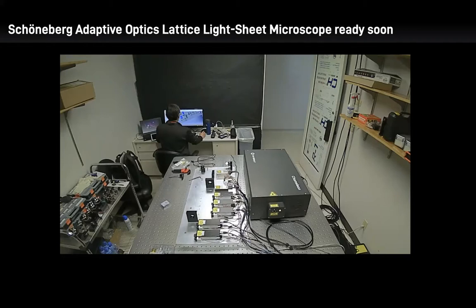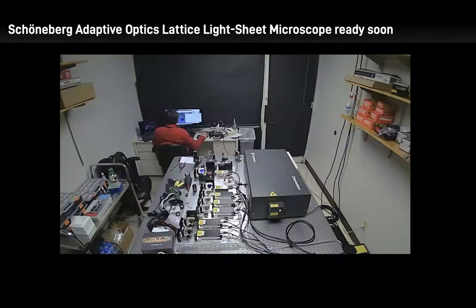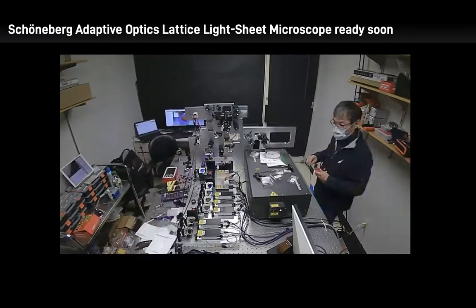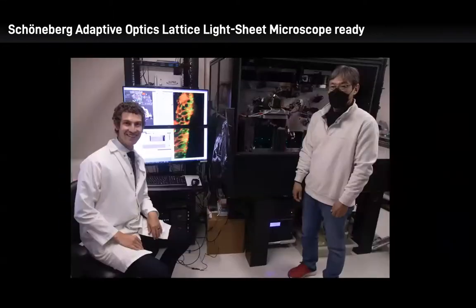So we had to draw cables from the ceiling. But yes, we built it. We have it online. Really proud. This is Hiroyuki Hakozaki. He's really our fantastic microscope engineer.